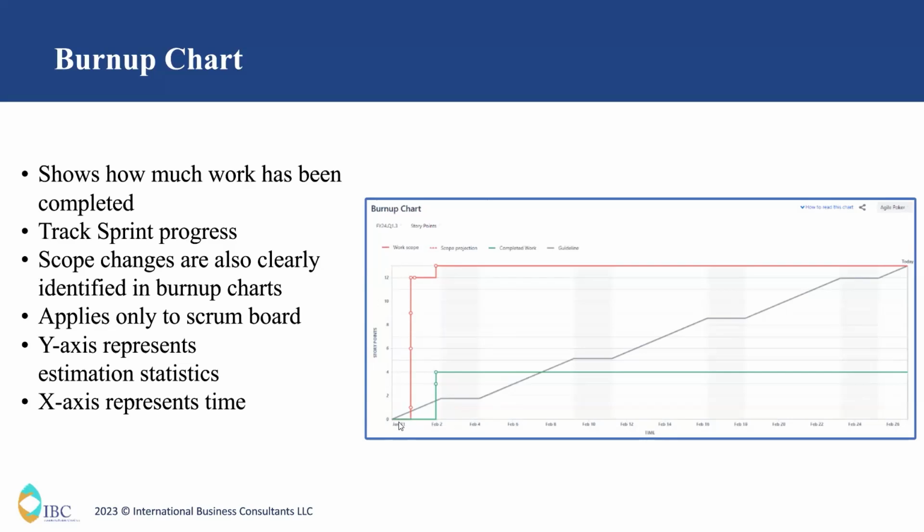Sure. So if you see this green line here, what does it say? It says the completed work. So the team never completed the work on Jan 31 and gradually started doing the work. And if you see this bubble in this chart, what does it mean? The team first completed 3 story points and next completed one more story point at 4.